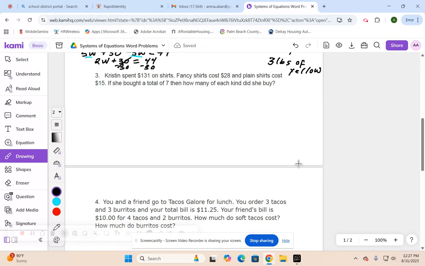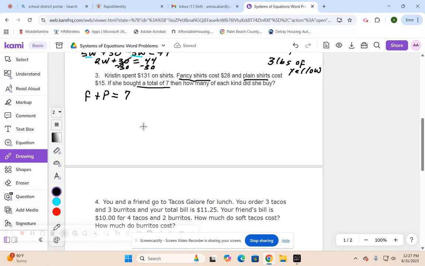Let's start with the amount function. She bought fancy shirts and she bought plain shirts. She bought a total of 7 together. Okay, so we can say F for fancy shirts here plus P for plain shirts from here, and she bought a total of both types, 7.